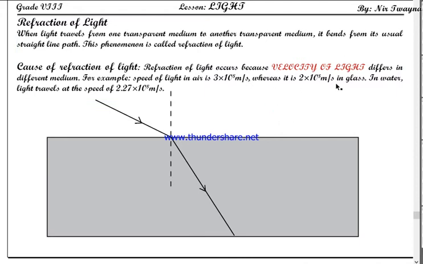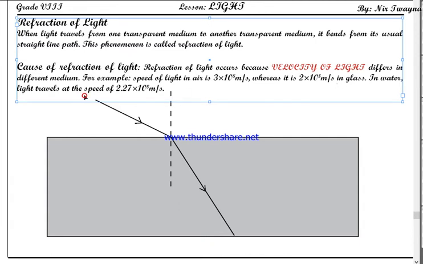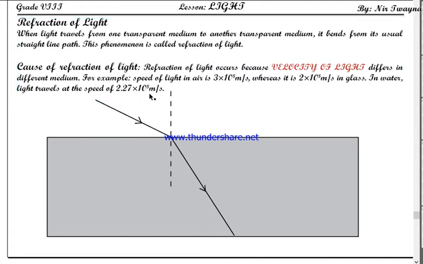But in glass its speed becomes 2 x 10^8 meters per second, and in water it travels at 2.27 x 10^8 meters per second. So because of this change in velocity of light, the bending occurs.